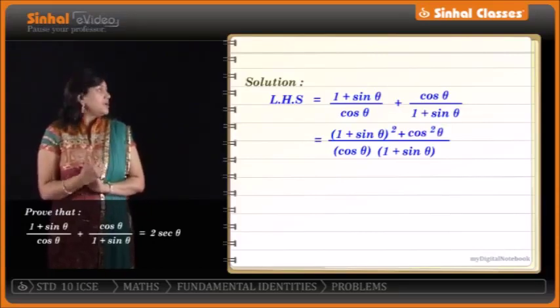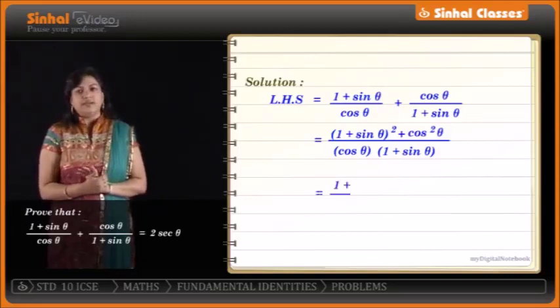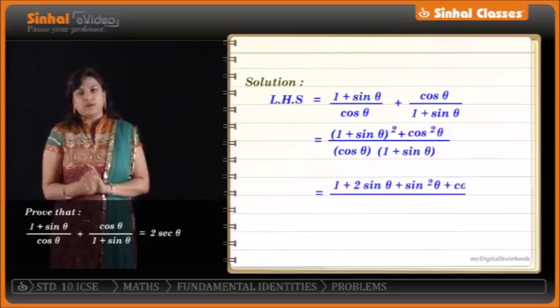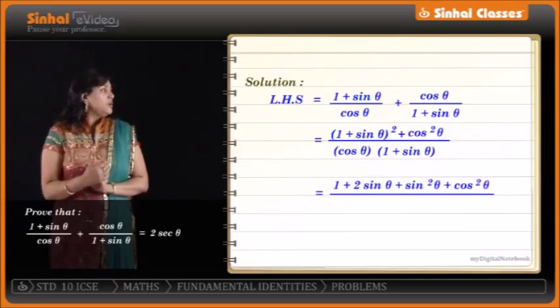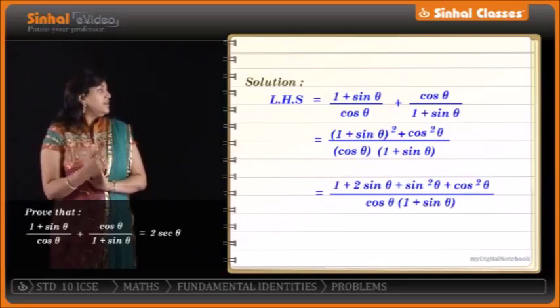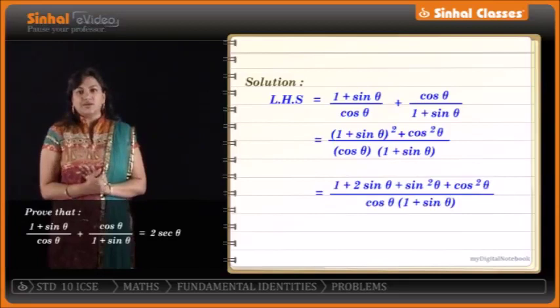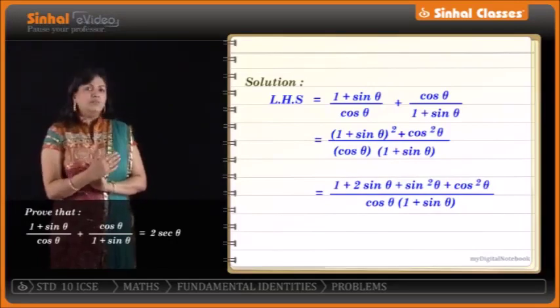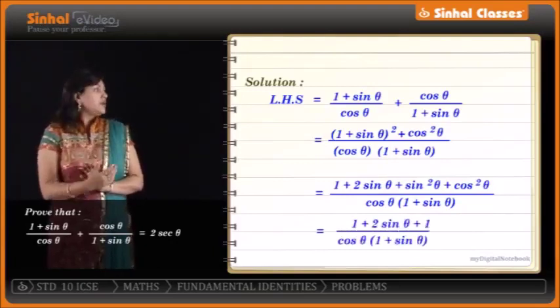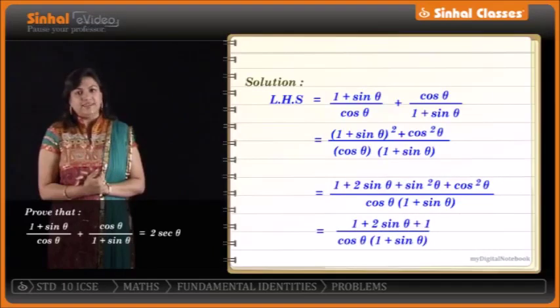We write it as 1 plus 2 sin theta plus sin square theta plus cos square theta upon cos theta into 1 plus sin theta. Now in the numerator we have sin square theta plus cos square theta, that is 1. So 1 plus 2 sin theta plus 1 upon cos theta into 1 plus sin theta.